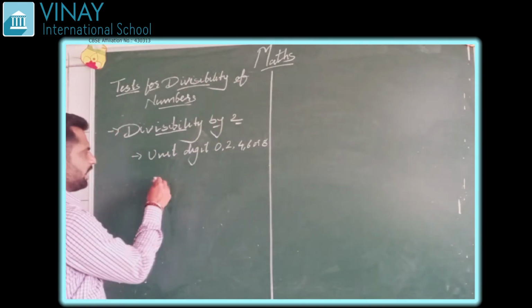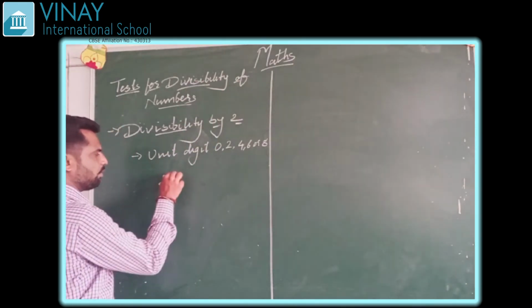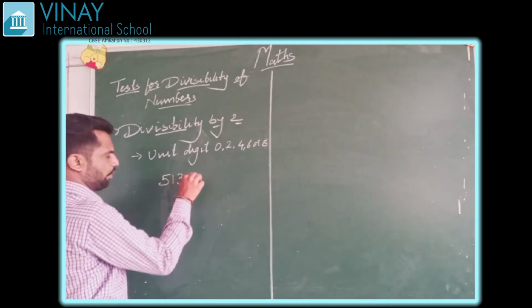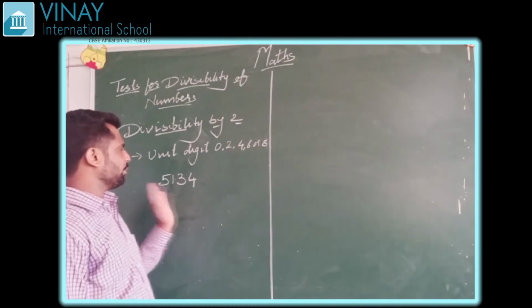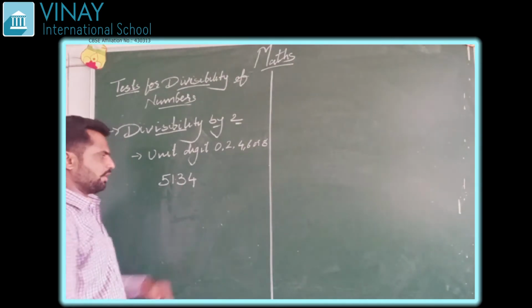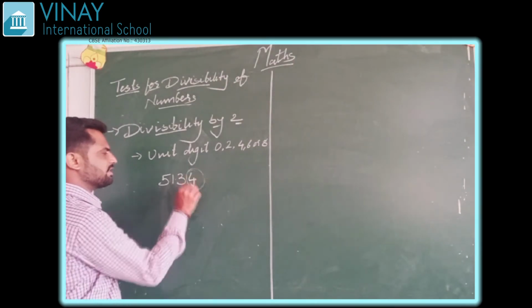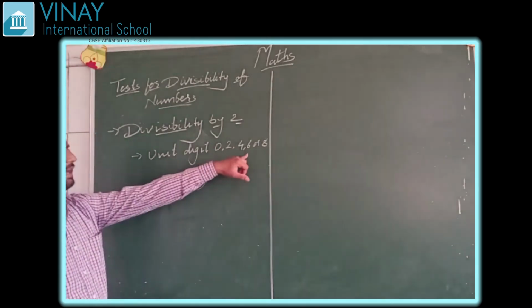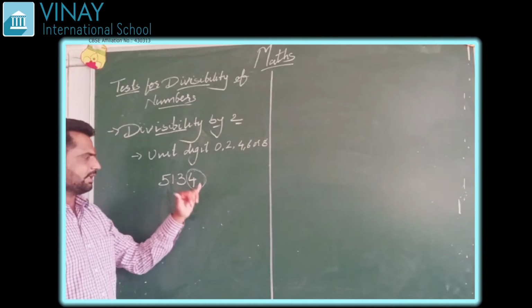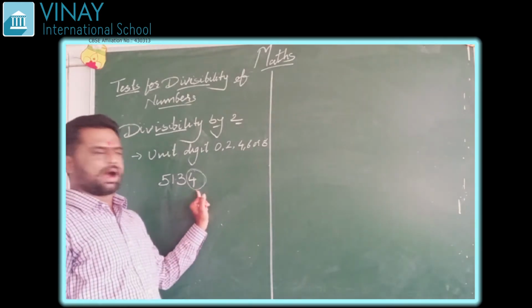For example, if I am writing here 5, 1, 3, 4. Now we don't need to divide it by 2 and find out whether it is divisible by 2 or not. We just need to see the last digit. The last digit is 4, so we can say that this number is divisible by 2.